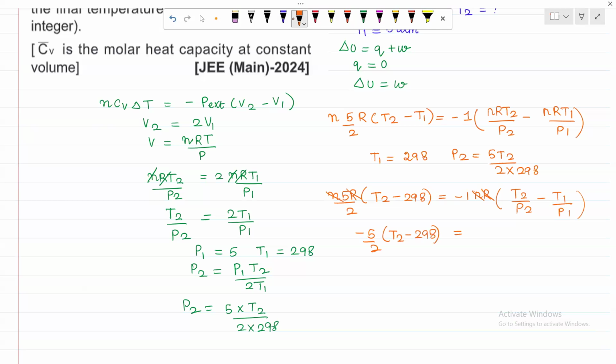Okay. Equal to minus of (T2 P1 minus T1 P2) divided by P1 P2. Okay.